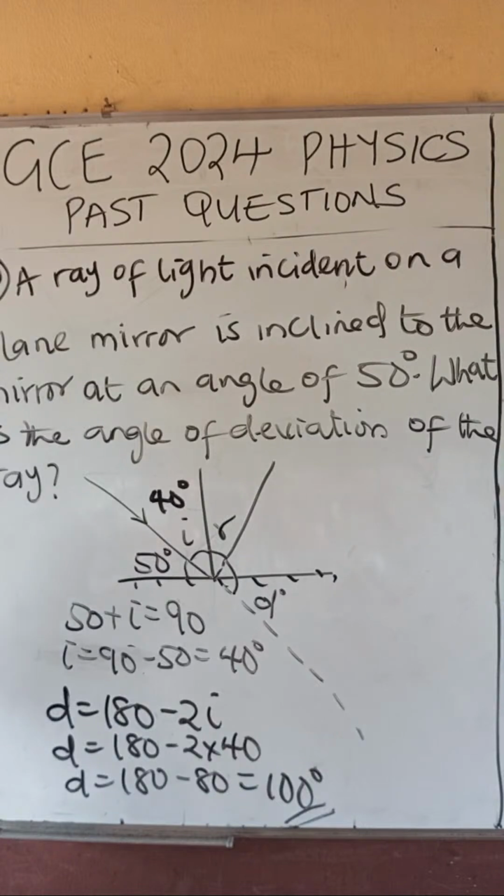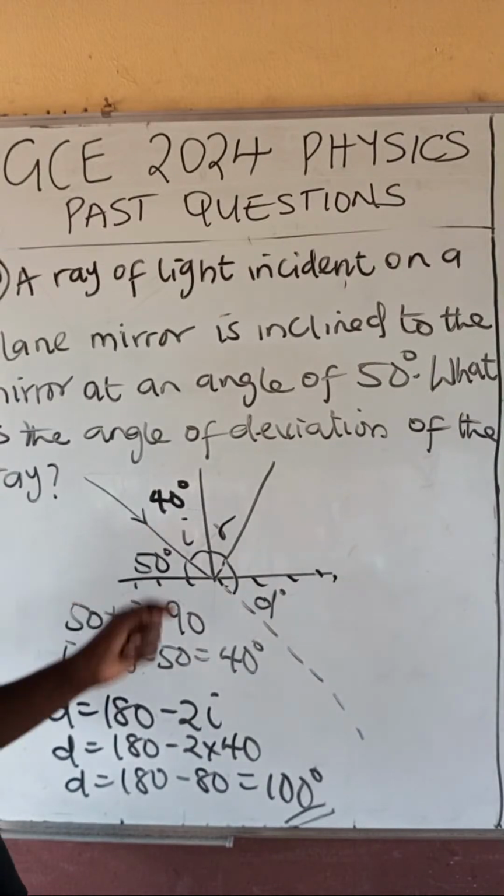Is that clear? Now, we're looking at the question. You see that this mirror was inclined at an angle of this to the surface. That means the angle between the incident ray and the reflecting surface is given as 50. Now, we cannot solve for the angle of deviation without solving for the angle of incidence.